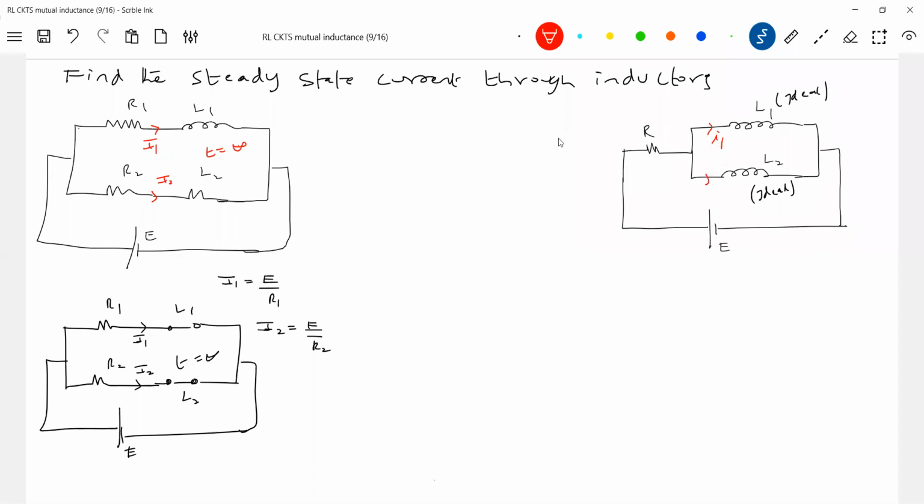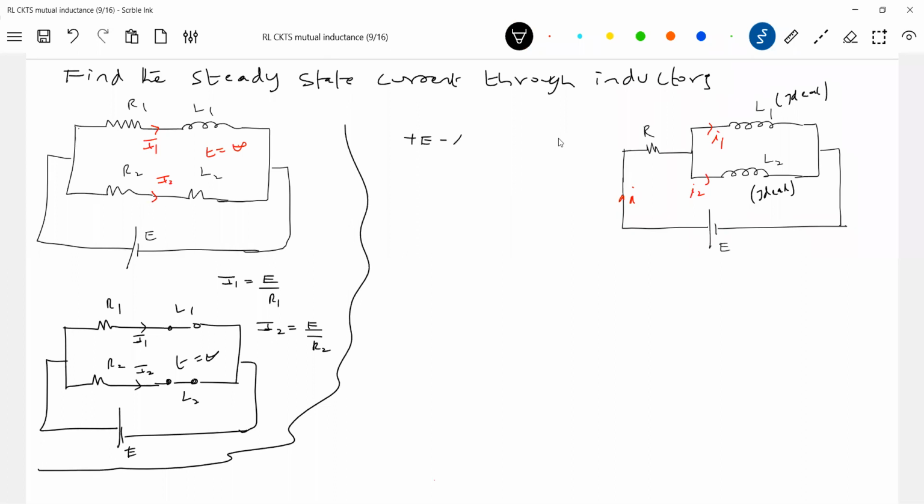Let's write some equations and see what we get. Let the current here be I. Then I'll write the loop equation: plus E, minus IR, minus L1 di1 by dt equals 0.